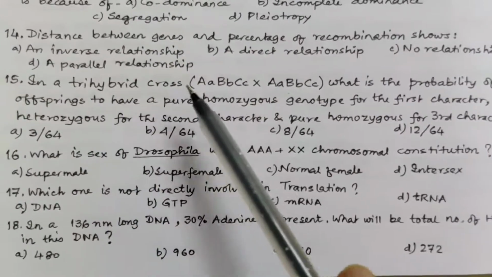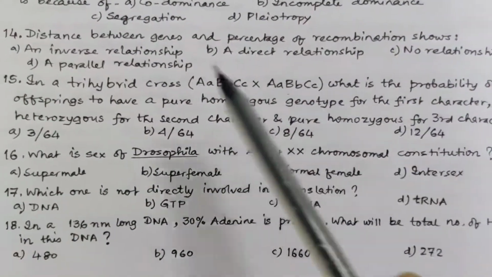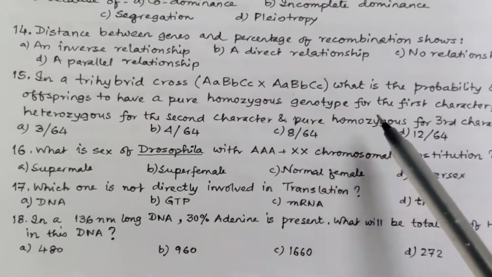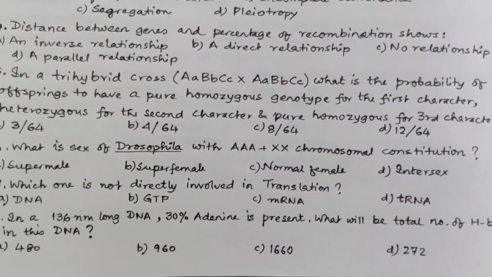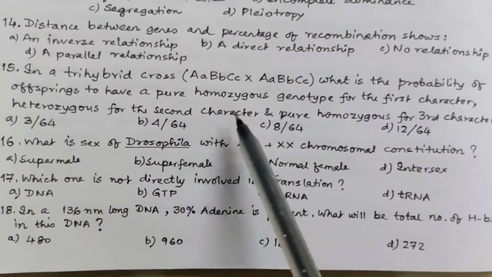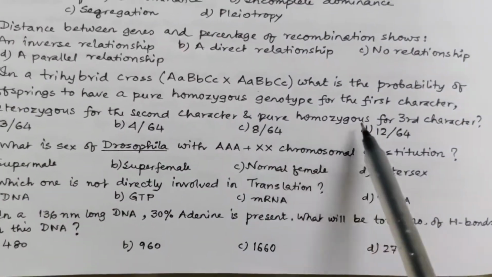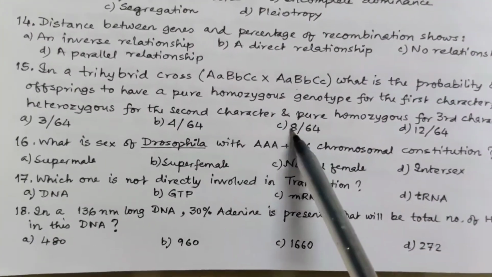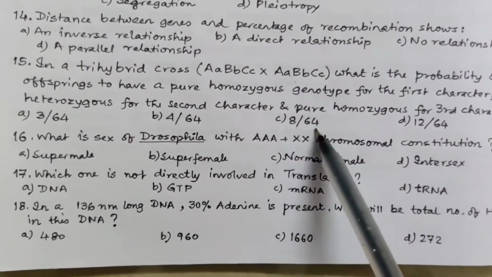In a trihybrid cross, what is the probability of offsprings to have a pure homozygous genotypes for the first character, heterozygous for the second character and pure homozygous for the third character? This is 8 out of 64.